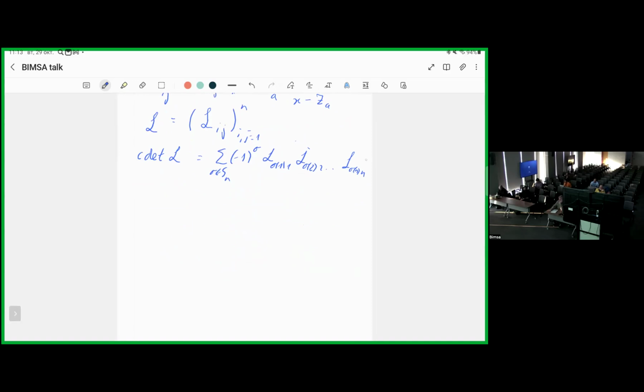And what is this? Well, this is also a differential operator, but of degree n.